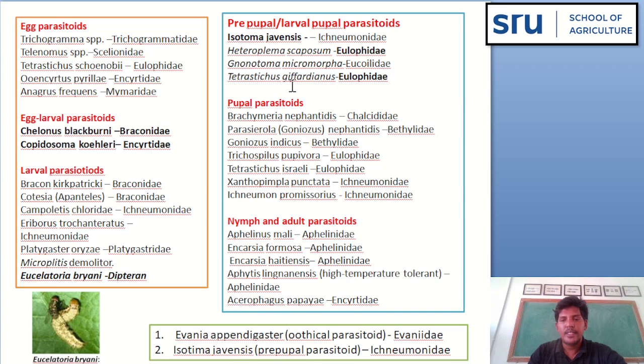Eucoilidae, Tetrastichus howardi, Eulophidae. Pupal parasitoids: Brachymeria nephantidis, Chalcididae, Goniozus nephantidis, Bethylidae, Goniozus indicus, Bethylidae, Trichospilus pupivora, Eulophidae, Tetrastichus israeli, Eulophidae, Xanthopimpla punctata, Ichneumonidae, Ichneumon promissorius, Ichneumonidae.